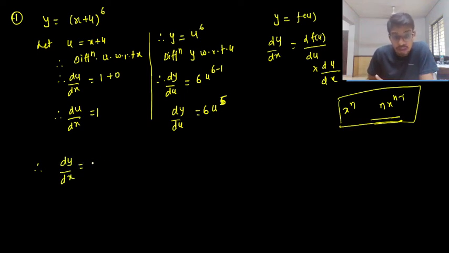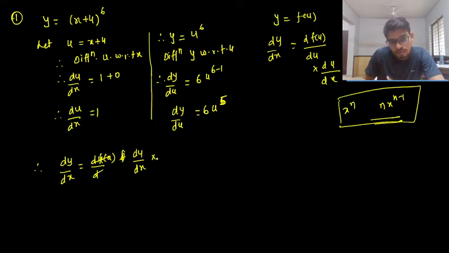Therefore by chain rule, this will be du upon dx into dy upon du.